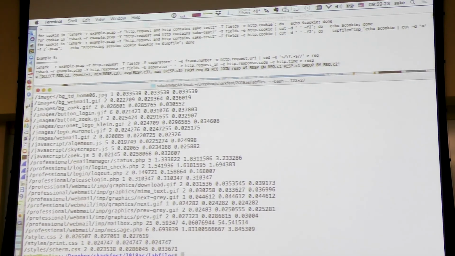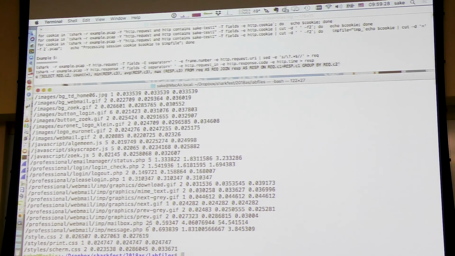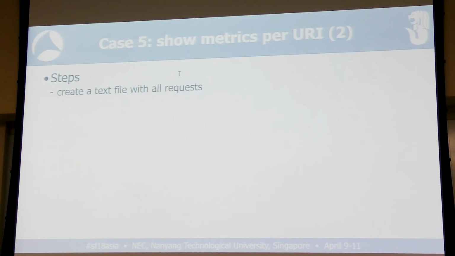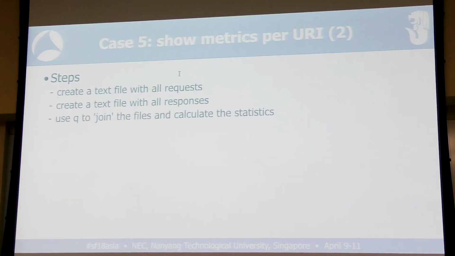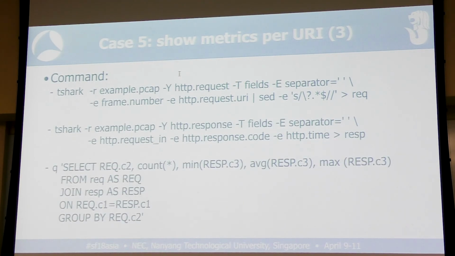And this gives me an overview of all the URIs with the amount of times that it was seen in the capture file, the minimum response time, the average response time, and the maximum response time. So I create a text file with all requests, with all responses, and join them, and that's what the result is.